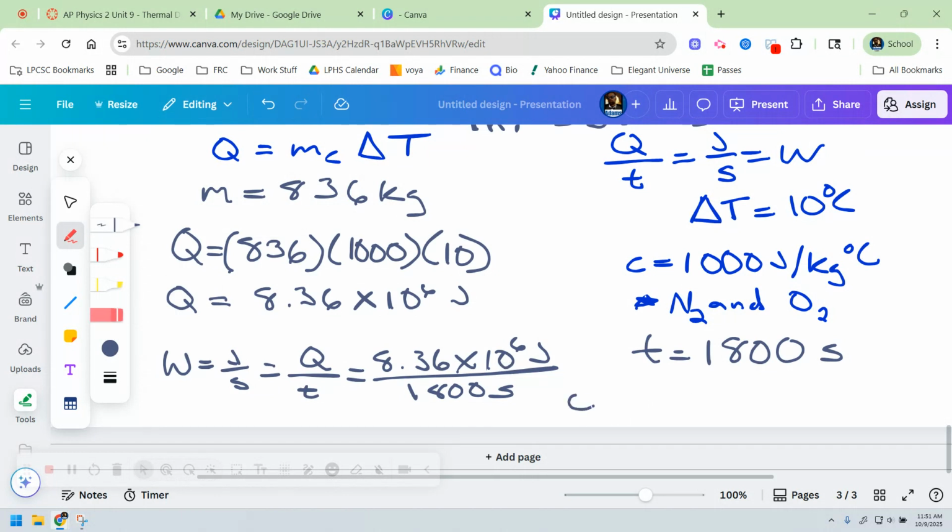So then Q over T, because I'm running out of room, is equal to 4.64 kilowatts.